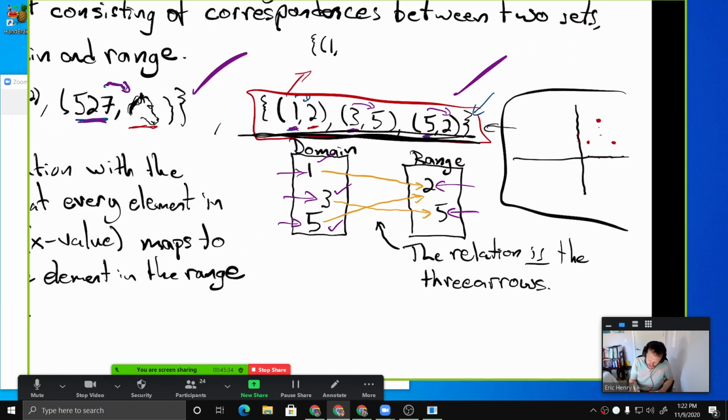If I put this here, can you give me another point that would make it so that the relation is not a function?